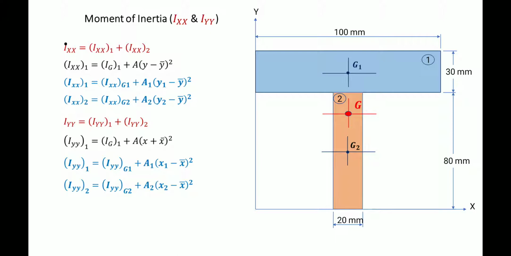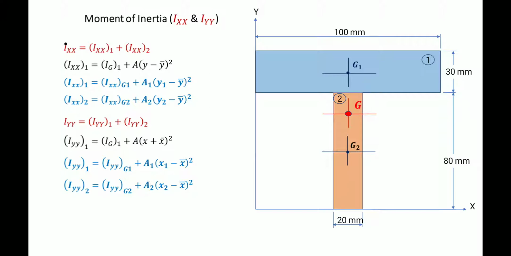Why is this formula coming? Because we know the moment of inertia formula about its own centroidal axis, but our question is to find the moment of inertia about the total section's xx axis. So it has some distance, right?